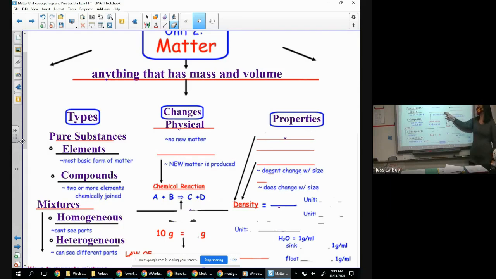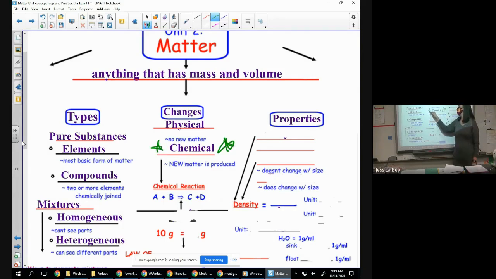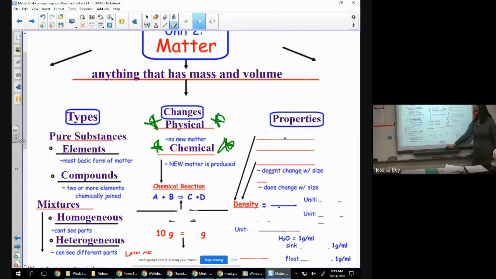If you do make new matter, that's called a chemical change. You might want to go over the different pieces of evidence of a chemical and a physical change. I just couldn't fit everything on this concept map. But you might want to make sure you can identify what a chemical versus a physical change is. Beautiful. And you have some practice with that on your worksheet.